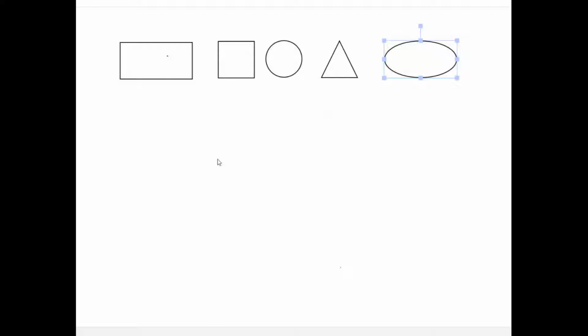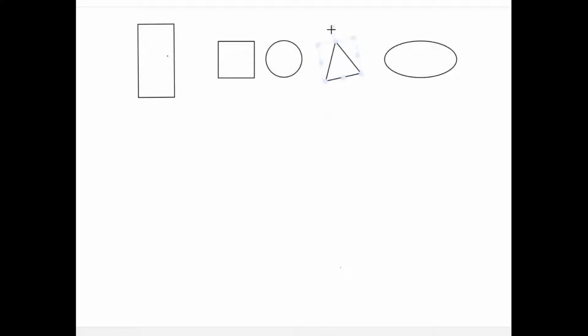Now, let's think about this. Let's look at this rectangle. What if I turned it this way? Is it still a rectangle? Of course. What if I turned this triangle like this? Is it still a triangle? Of course.